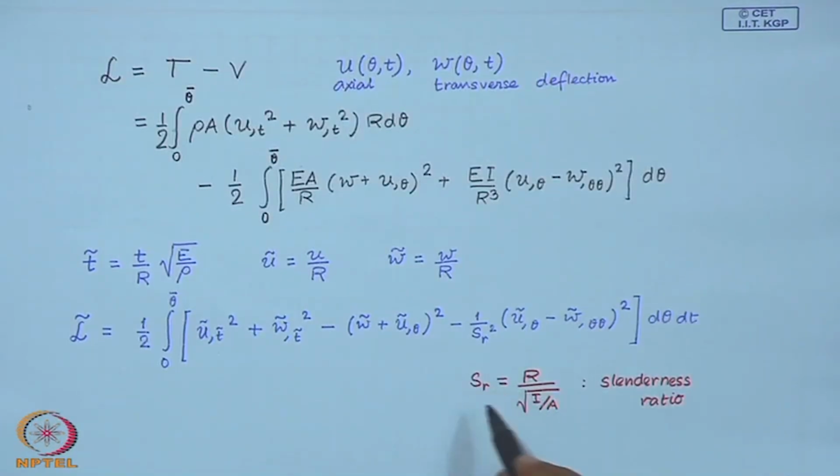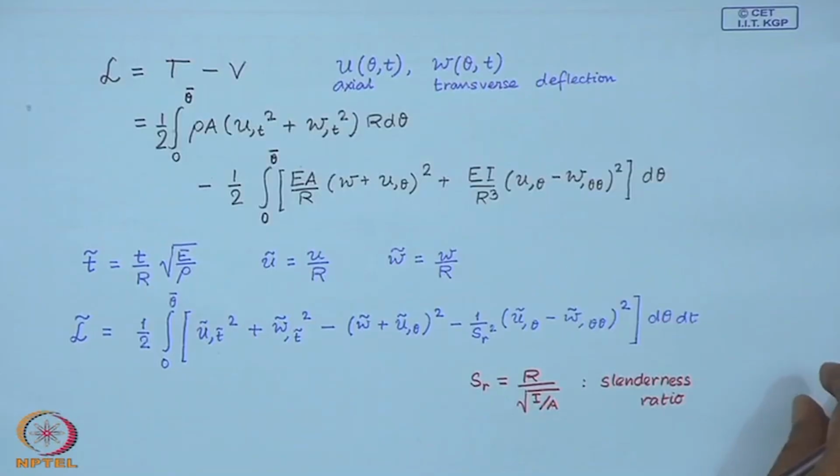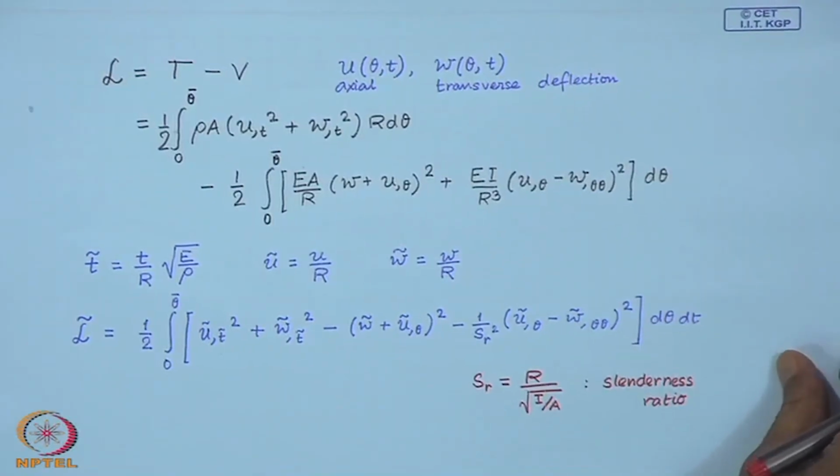So, the higher the value, the more slender it is. It is the radius of curvature divided by the radius of gyration of the cross section about the neutral axis. Now, with this Lagrangian, we derived the equation of motion.